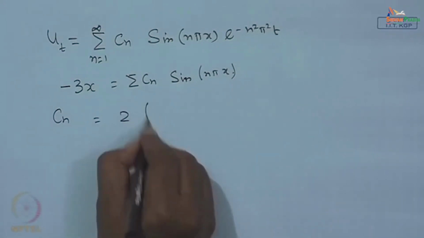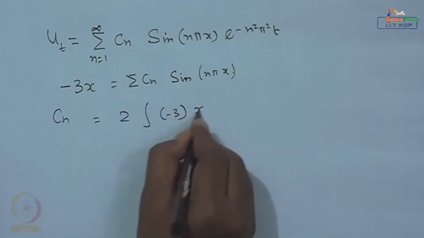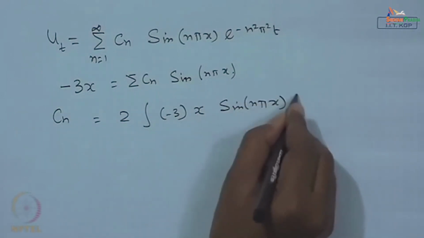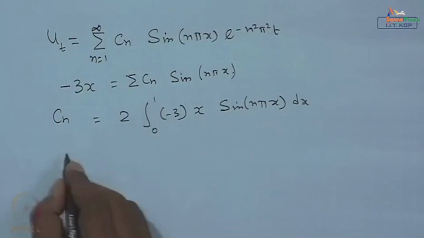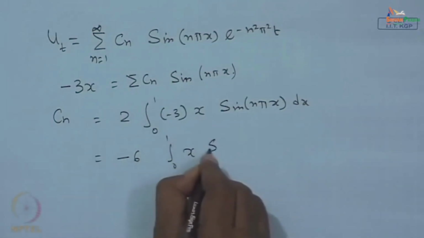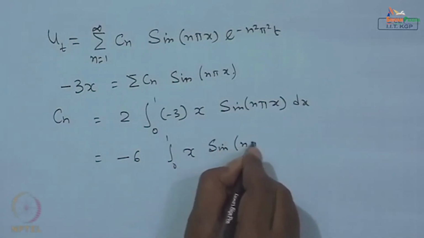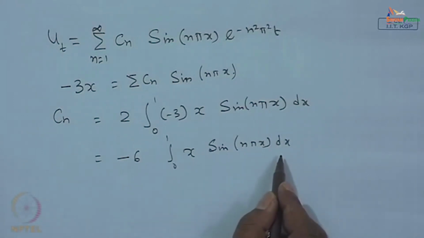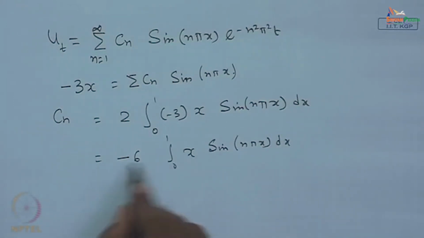So, we can get the C n as 2 integral minus 3 times x sin n pi x dx from 0 to 1. So, it will be minus 6 integral 0 to 1 x sin n pi x dx, and we can integrate this out by using integration by parts and get the expression of C n.